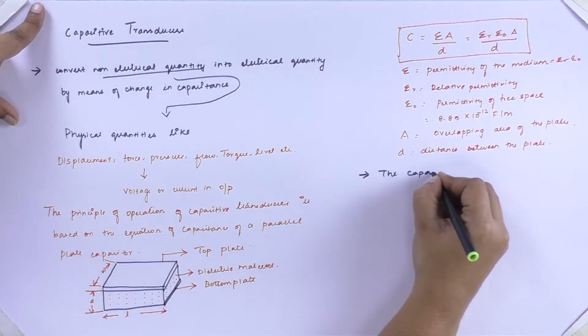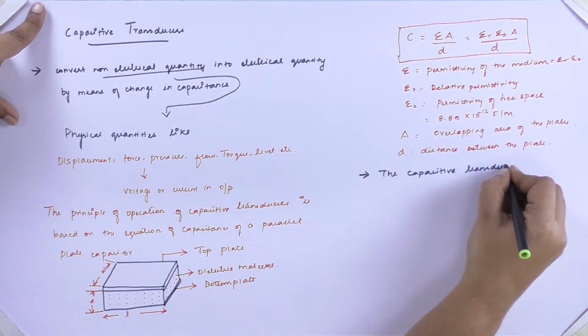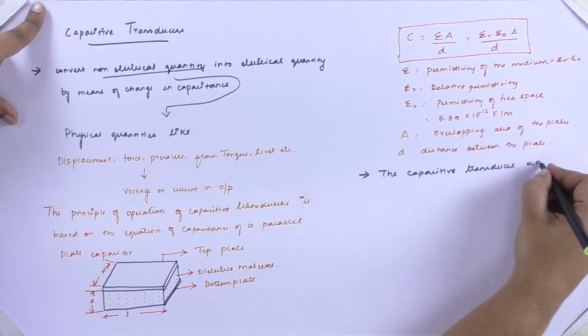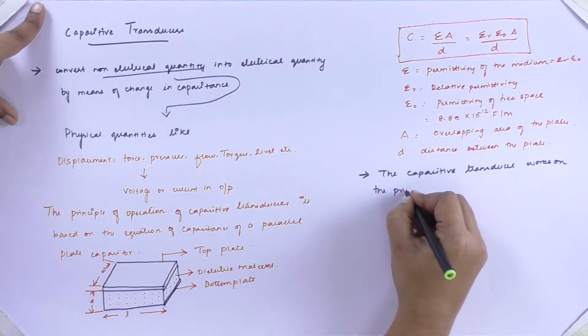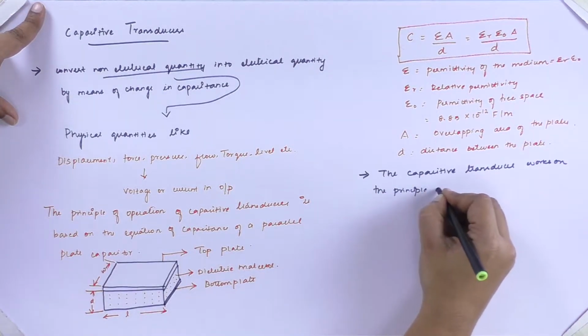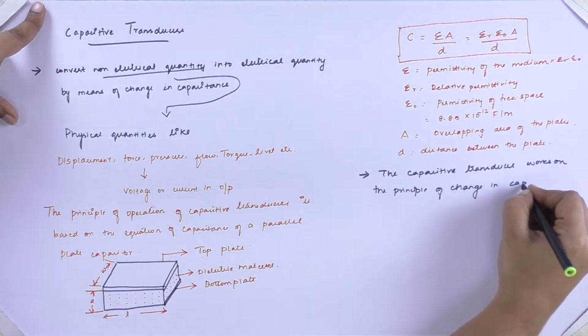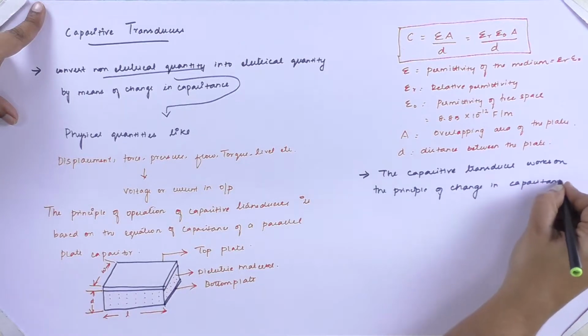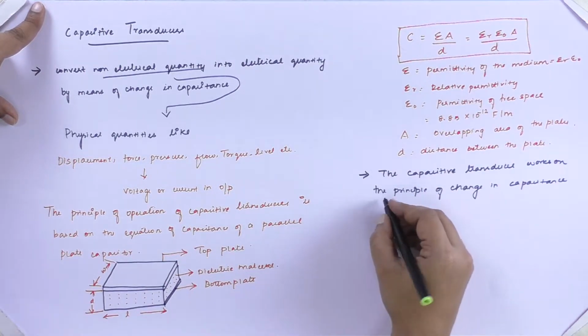The capacitive transducer works on the principle of change in capacitance. The change in capacitance may be caused by three factors.